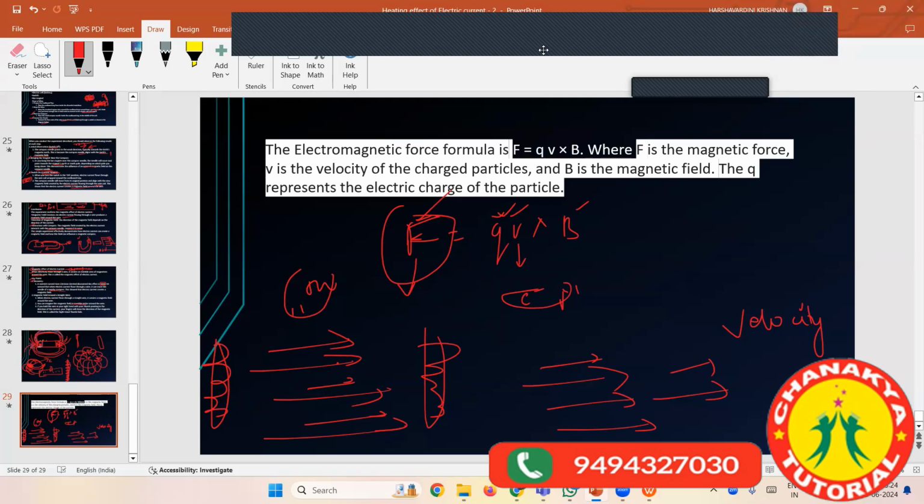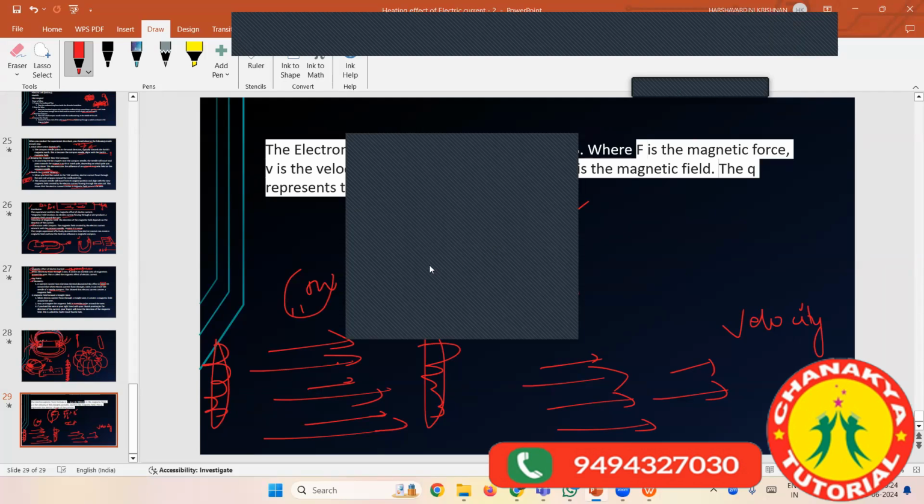Everyone? Gelda? Siddhant, getting it? Yes, ma'am. Soumya, getting it? Aishwarya?